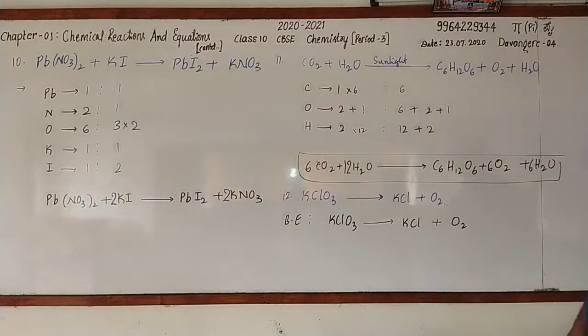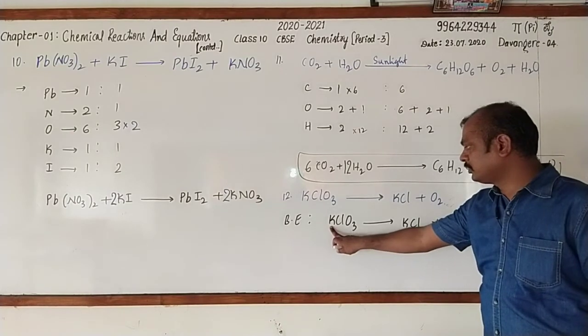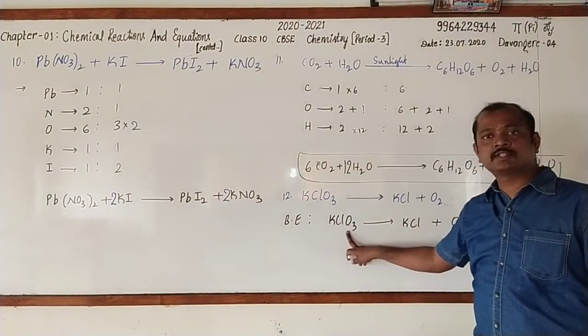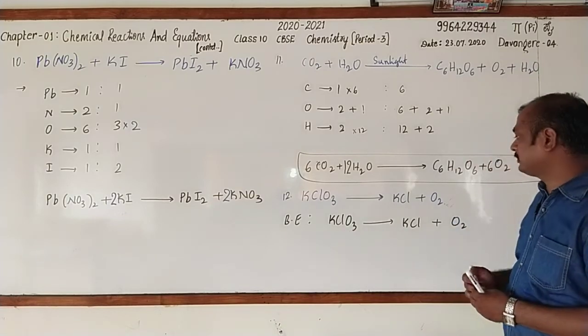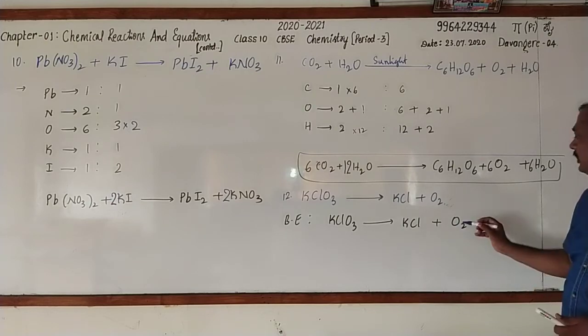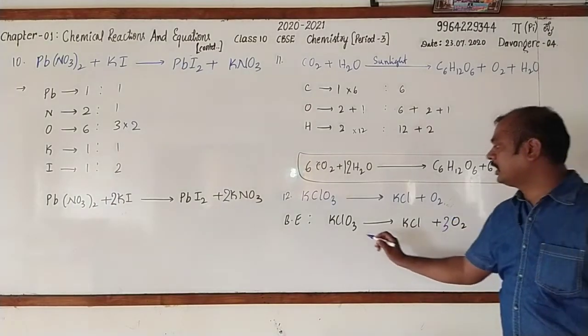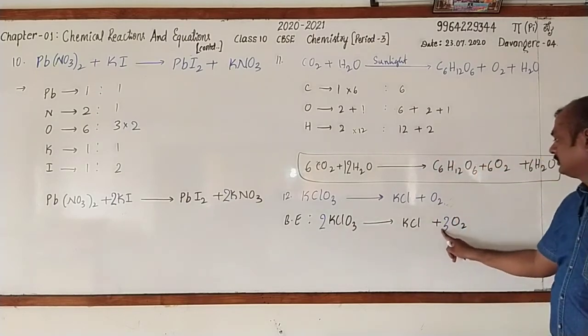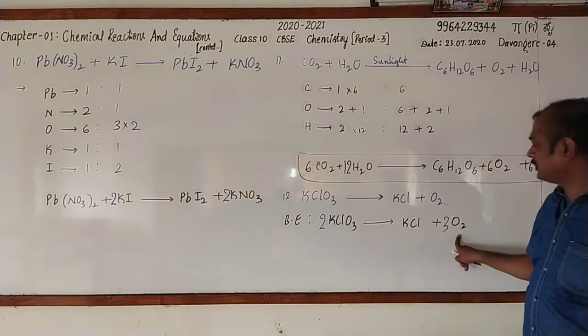Which one has the maximum number of atoms? Look at this one, KClO3. And in that, oxygen has the maximum number of atoms. Here is 3, here is 2. Then how do you go for it? It should be multiplied by 3 and this should be 2. Now see that 2 3s are 6, 3 2s are 6 atoms of oxygen.